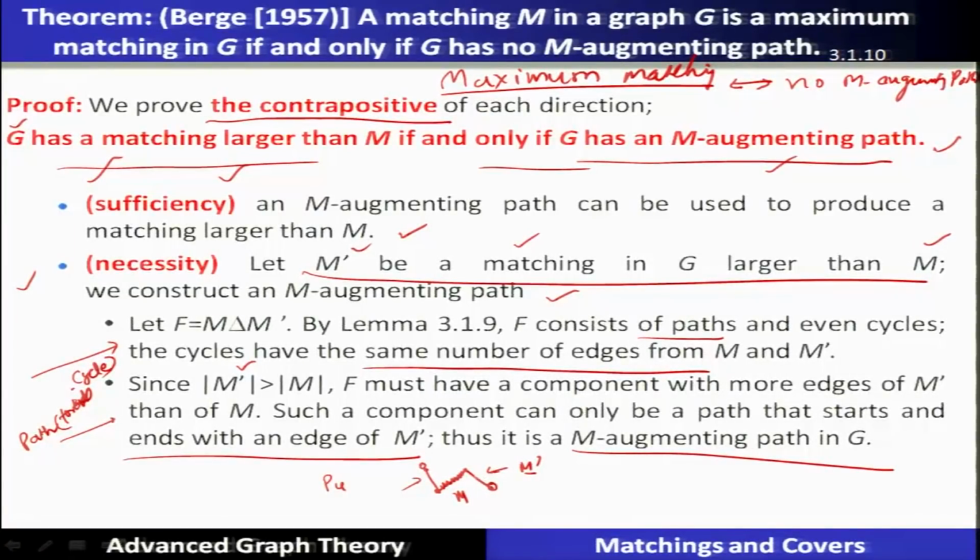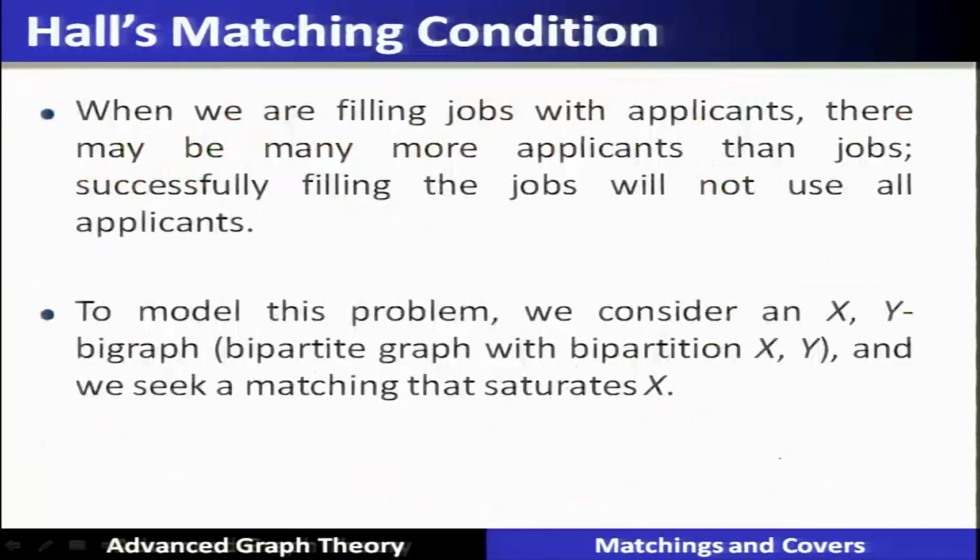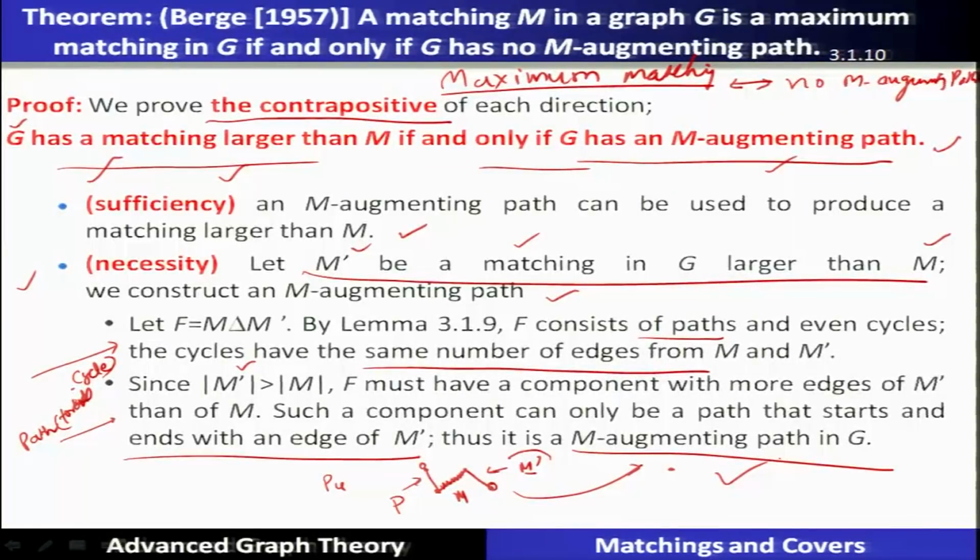So, this will become an M-augmenting path. So, the M-augmenting path exists, and the edges which are in the path but not in M, we can invert, and we can obtain a matching of a bigger size, and hence the M-augmenting path exists. So, we have proved the previous theorem given by Berge that characterizes the maximum matching.